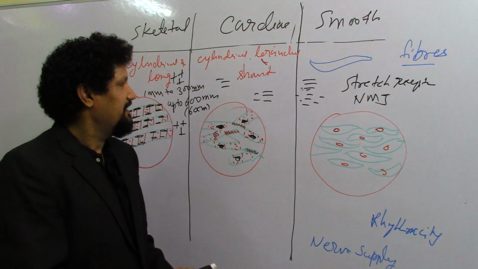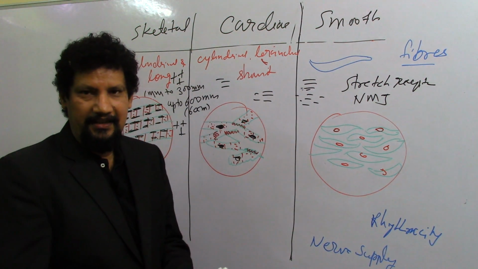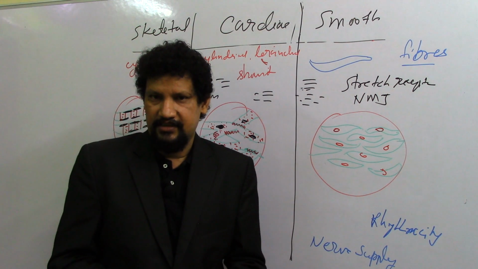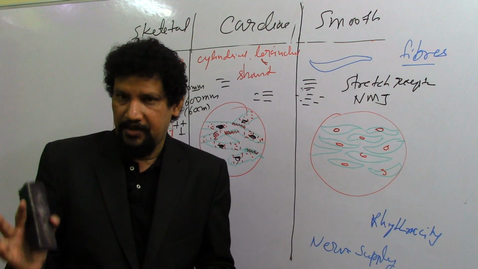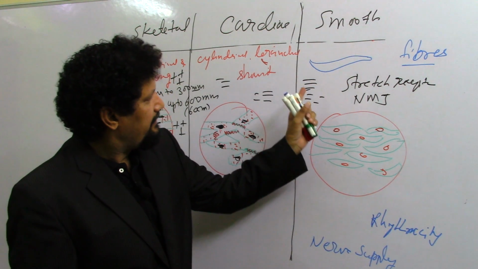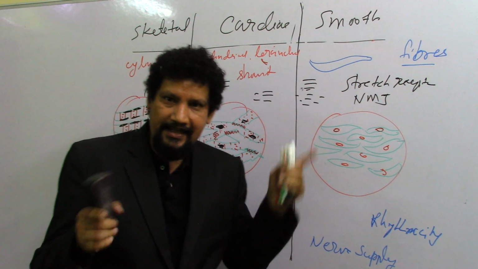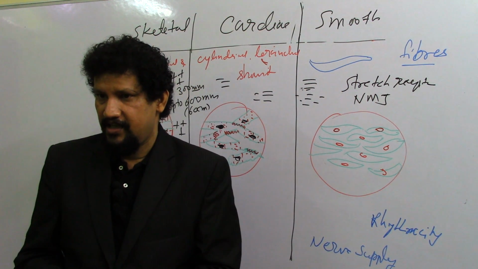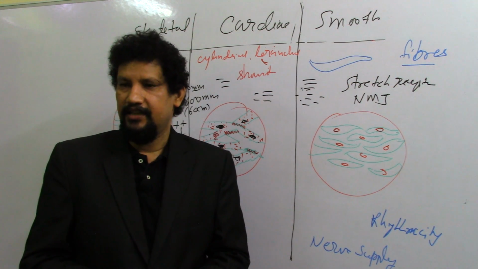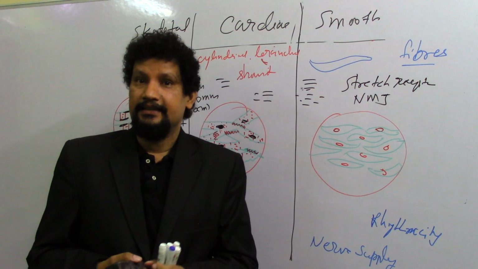In detail of cardiac muscle, I will talk in my lecture on the cardiovascular system and in the lecture of the electrocardiogram. In detail of smooth muscle, I will enter during my lecture on gastrointestinal system and during my lecture on the respiratory and urogenital system.